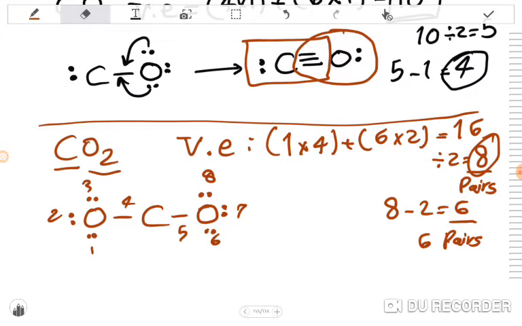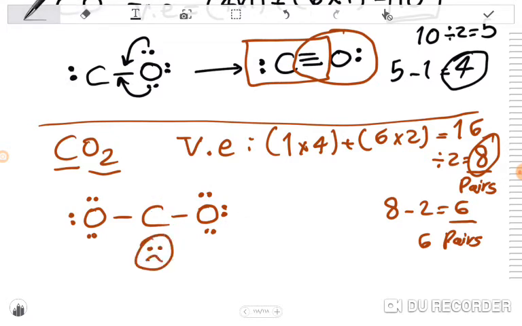But the structure is not correct. Why is it not correct? Because here, similar to the last structure, carbon is angry but the oxygens are glad.